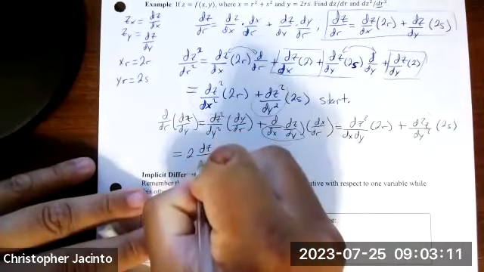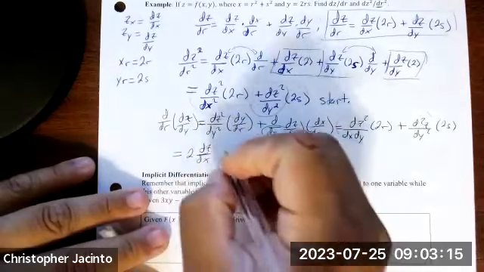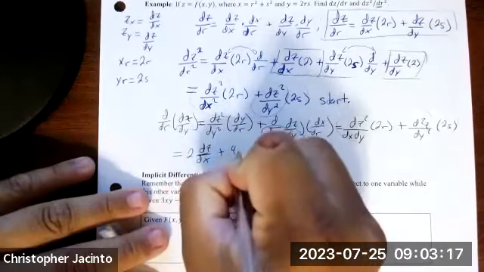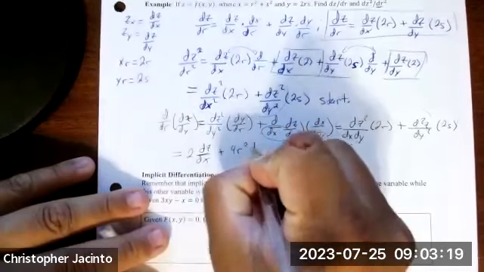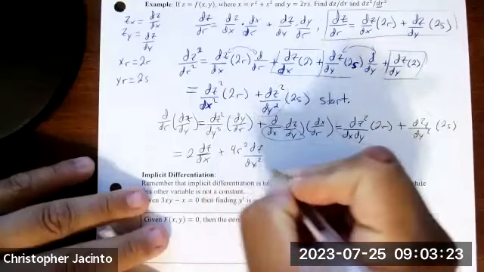So if you're wondering why we don't do second derivatives when it comes to partial functions and stuff like that, it's because it gets very complicated very quickly. And you guys can imagine the third derivative is even worse.